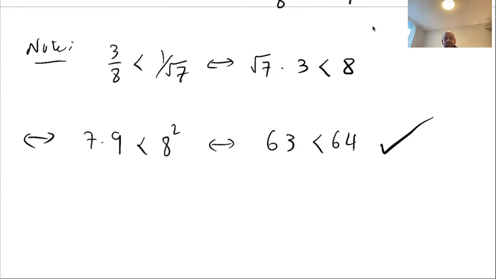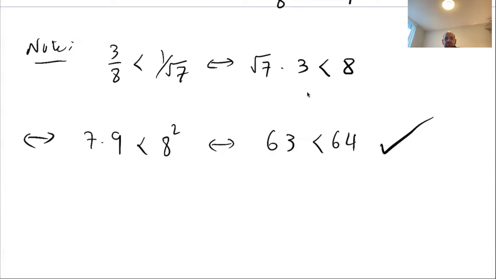So in mathematics, when you want to verify an inequality of this form without using a calculator, this is the way to do it. You write the inequality that you want to show and then write equivalent versions of it.